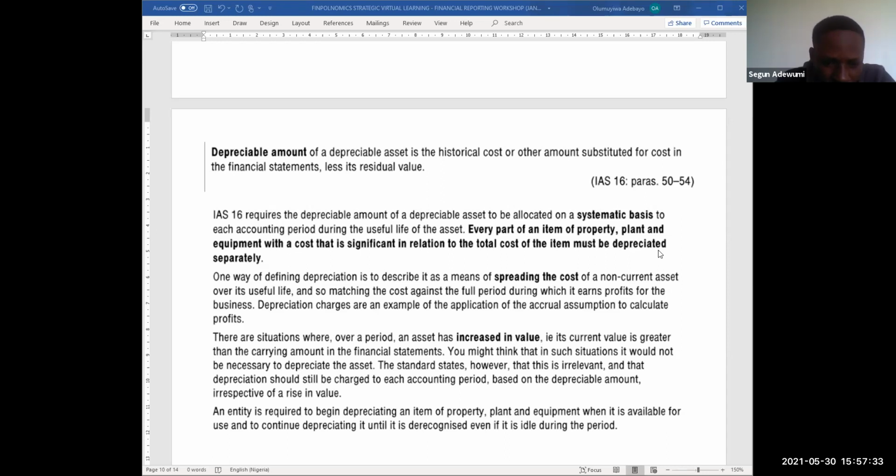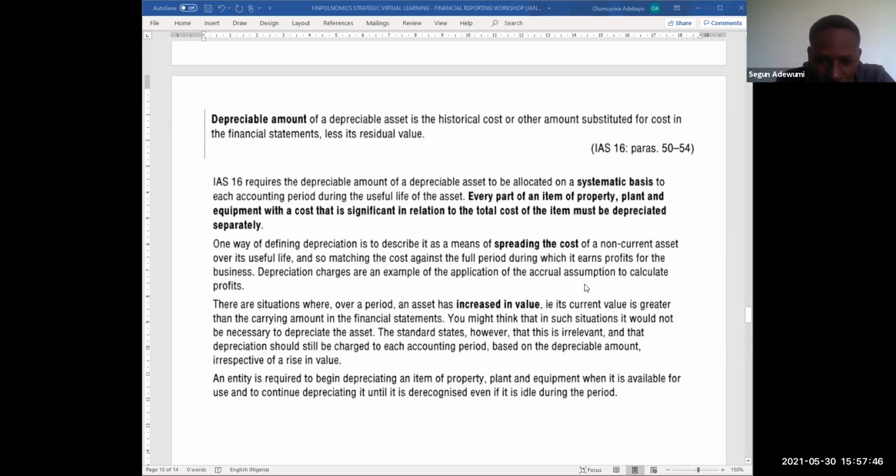An entity is required to begin depreciating an asset of property, plant, and equipment when it is available for use, and to continue depreciating it until it is derecognized, even if it is idle during the period.